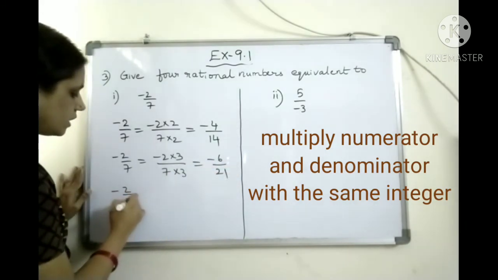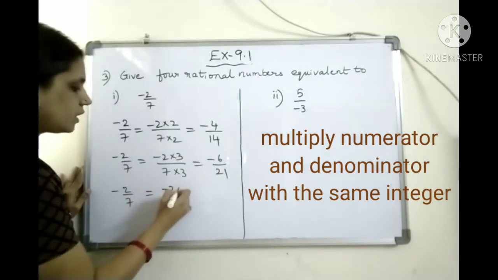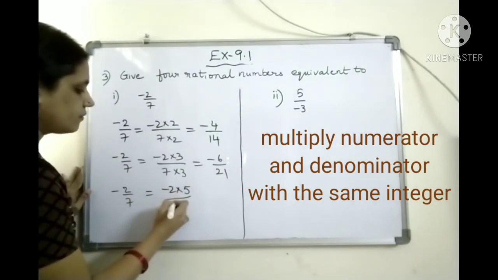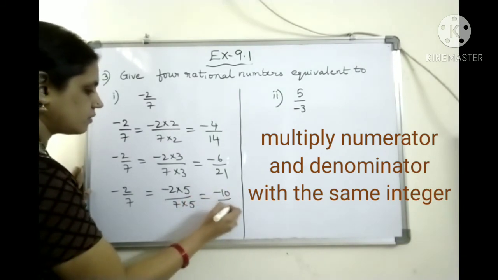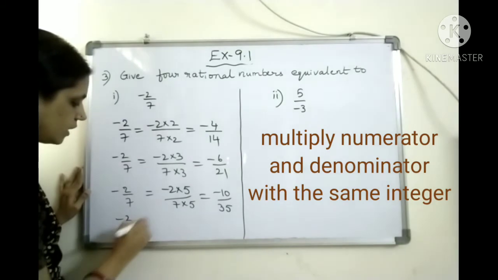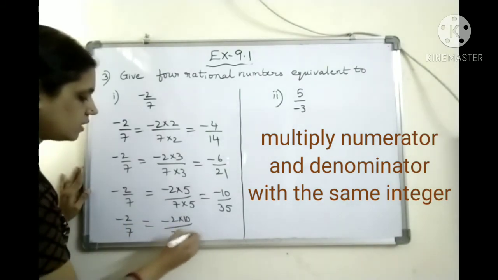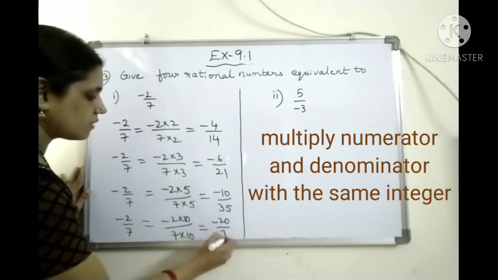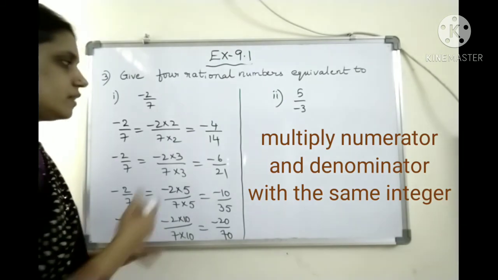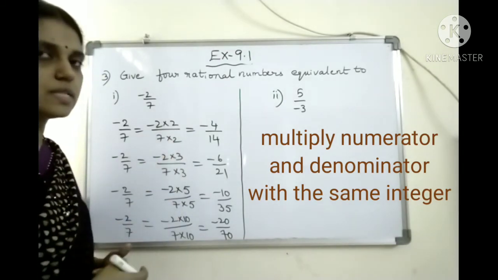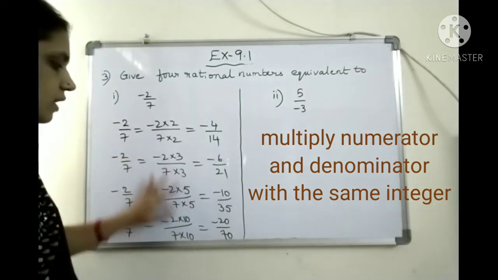Next I want to take 5. So 7 into 5, minus 10 by 35. Next one I want to take 10. Minus 2 into 10 by 7 into 10, that is minus 20 by 70. Like this any 4 integers you can take and multiply. It is better to always take 2, 3, 4, 5, since these are simple numbers to multiply. Here I have taken 2, 3, 5, 10.